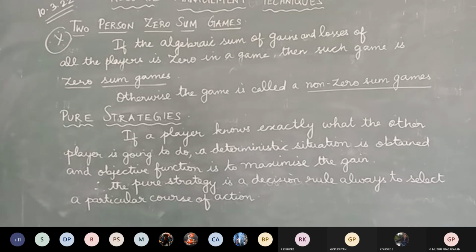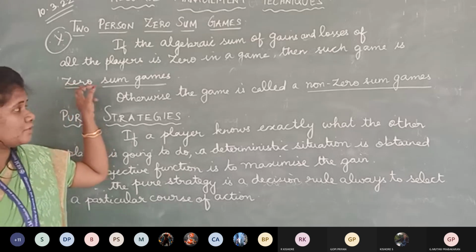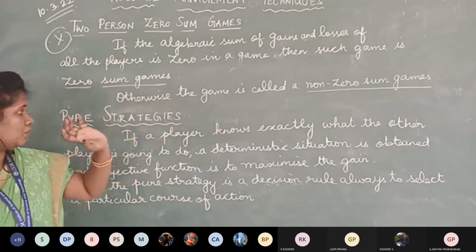After pure strategy, you'll have to know what is your payoff matrix. Zero sum games are important.